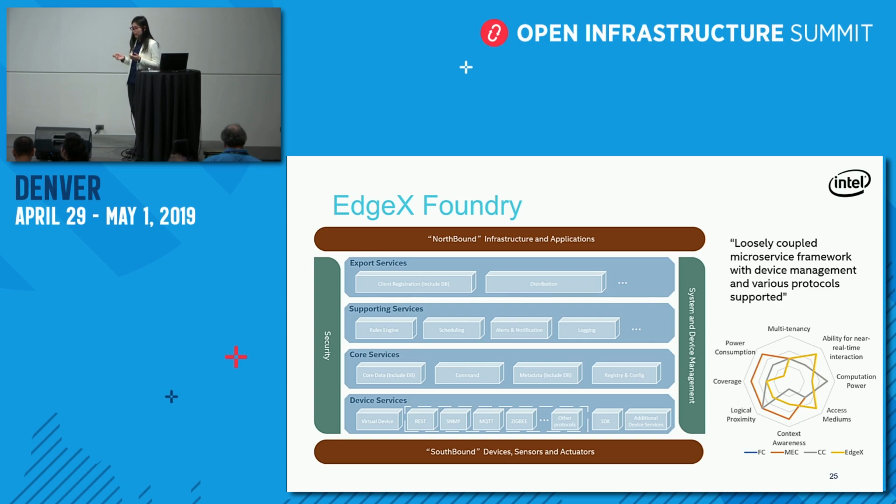They are run on Raspberry Pis. And also we are having less coverage since they're just going to cover a small area for the devices. And we are also having a lot more access mediums here since inside the device service, we're supporting multiple protocols. So here I just refer to it as a kind of typical fog computing implementation.